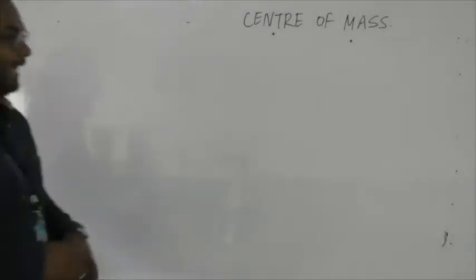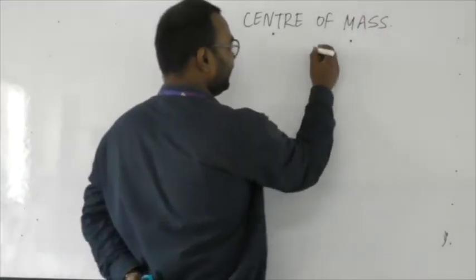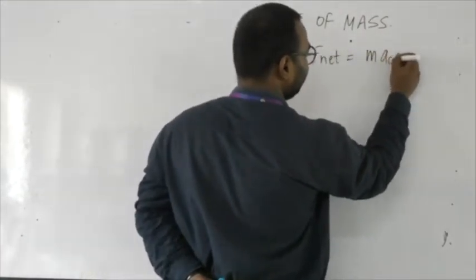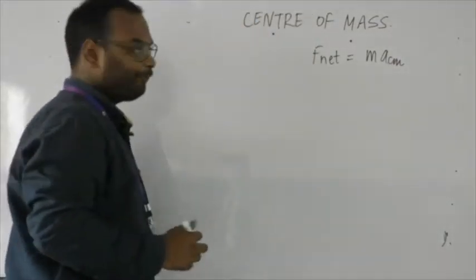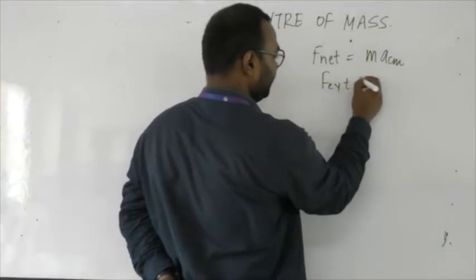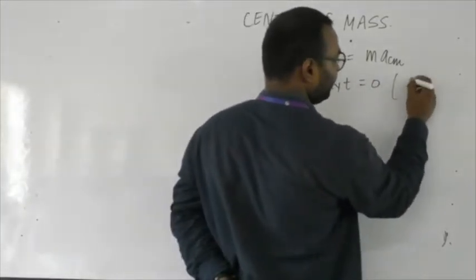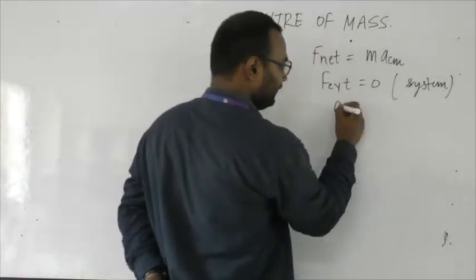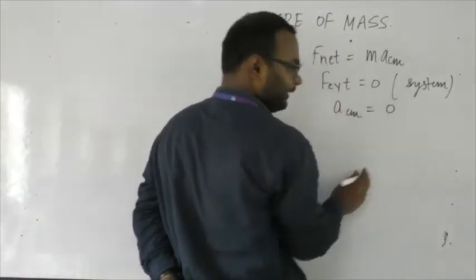Now, as we know, we write F net is m into A cm. When the net external force becomes 0 for a system, then we can say that A center of mass is 0.